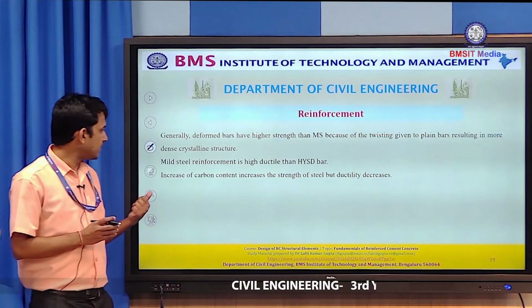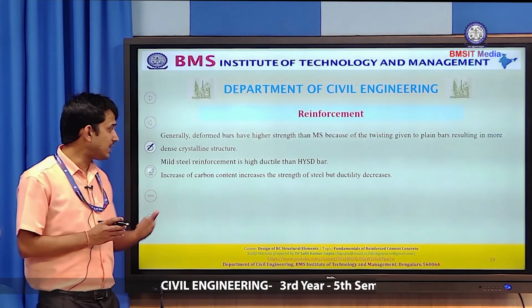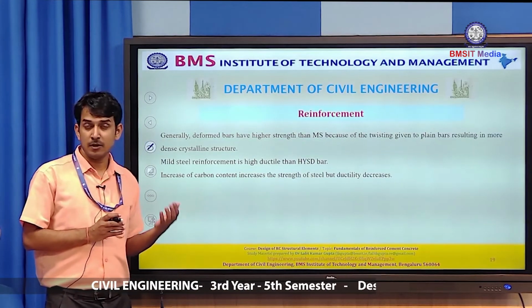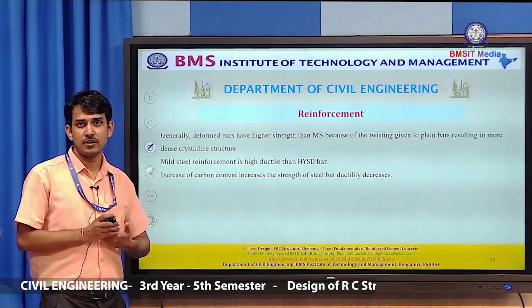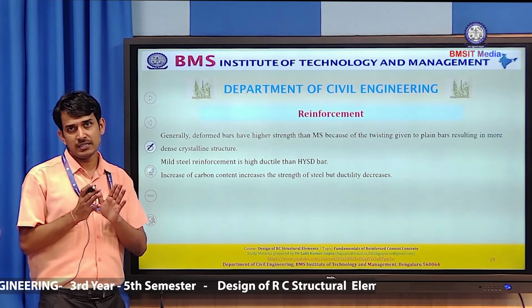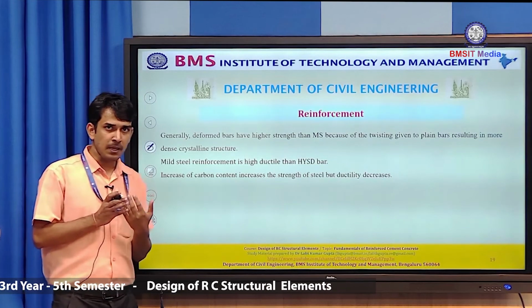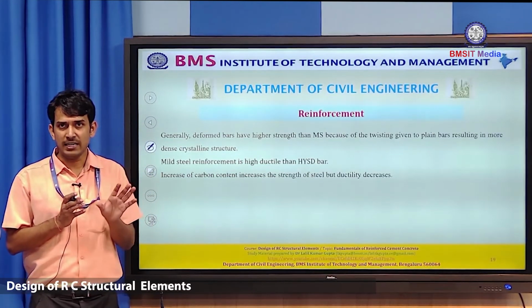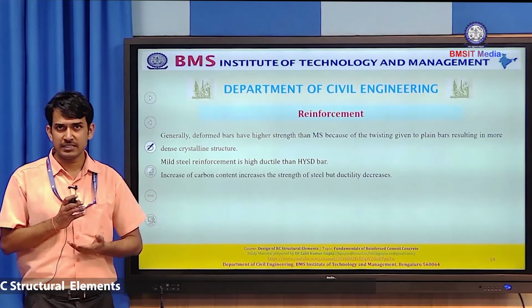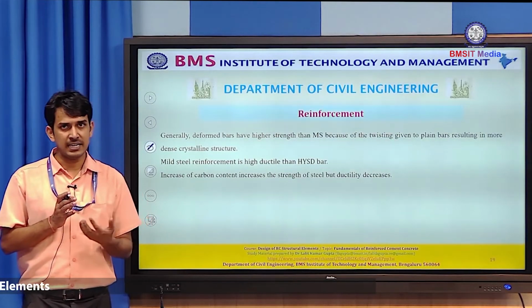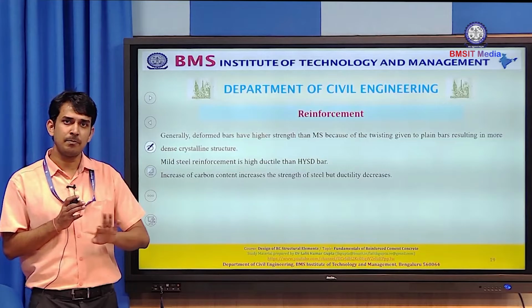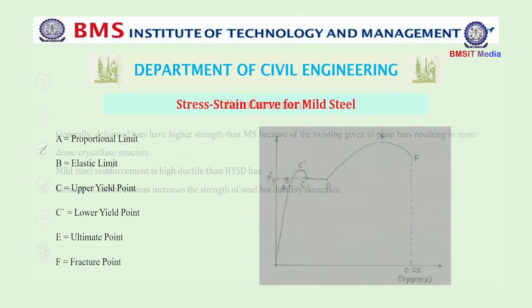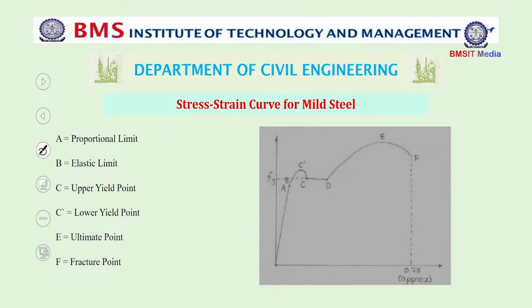As we increase the carbon content, the strength will increase, but the ductility will reduce. So you can easily understand that carbon content is high in the HYSD bar. So the HYSD bar has high strength but less ductility as compared to the mild steel bar.